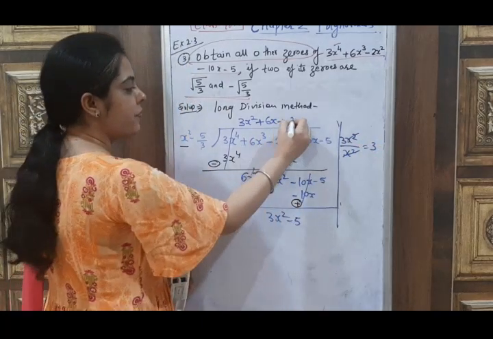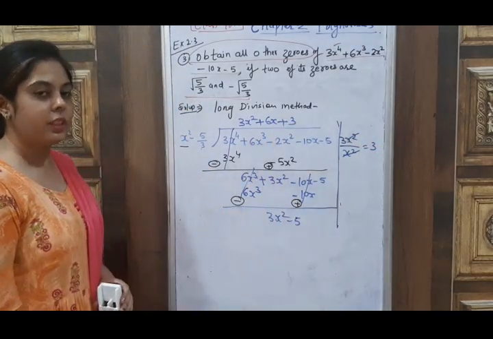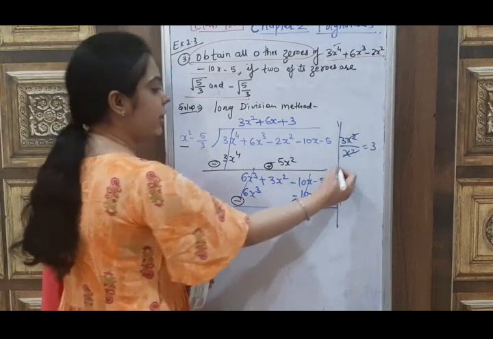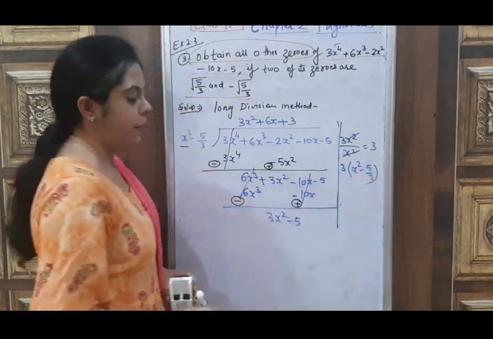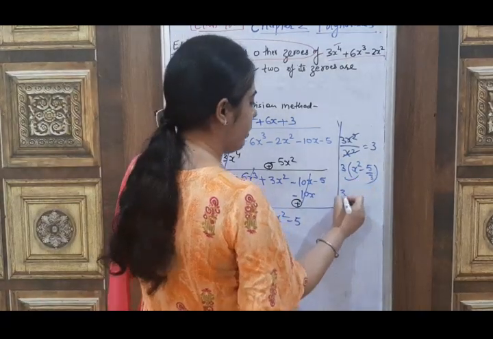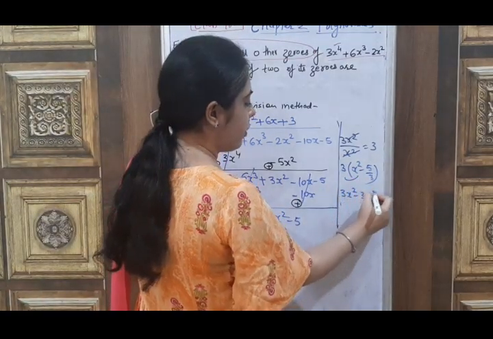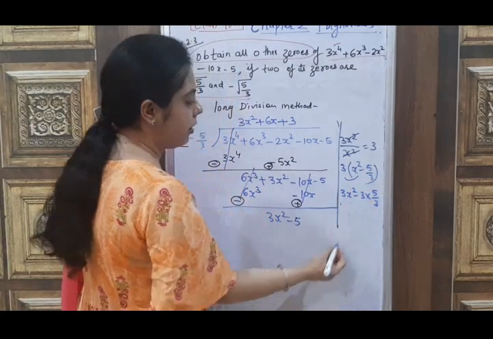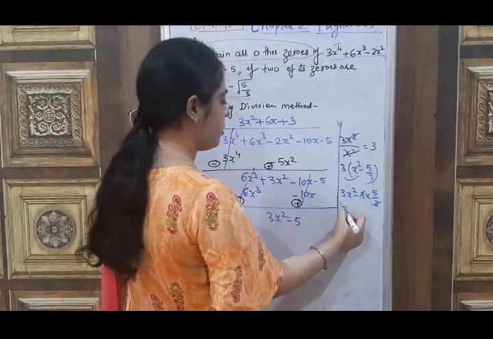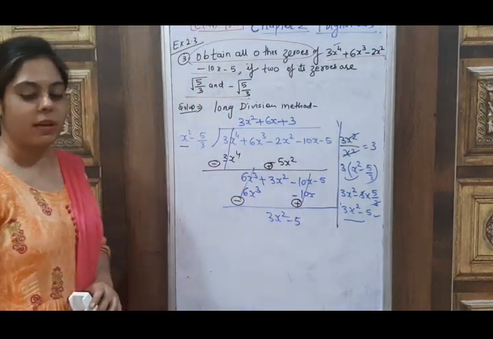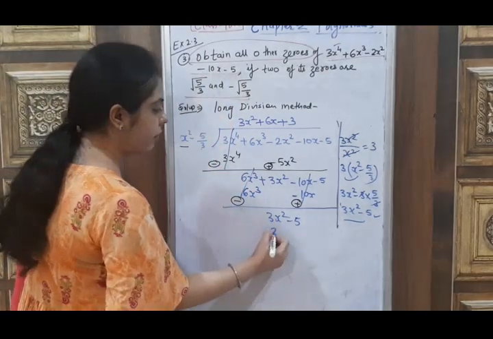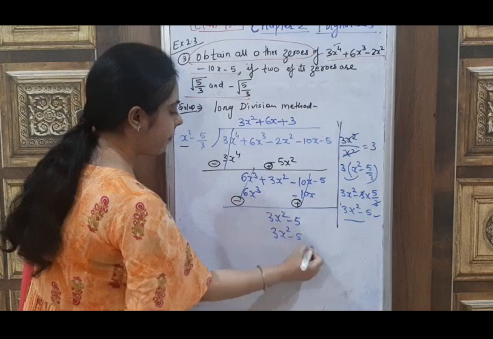This 3 will be the third term of this quotient. Now multiply this 3 with x square minus 5 upon 3. How to multiply? 3x square minus 3 multiplied by 5 upon 3. 3 and 3 will cut here. So our answer is 3x square minus 5, and this we write here.